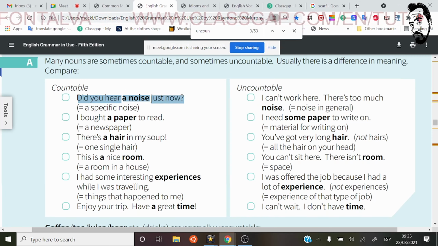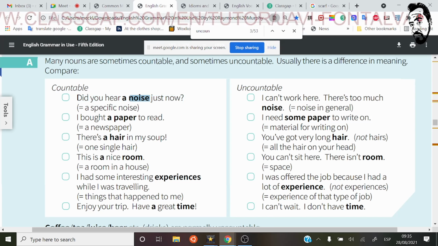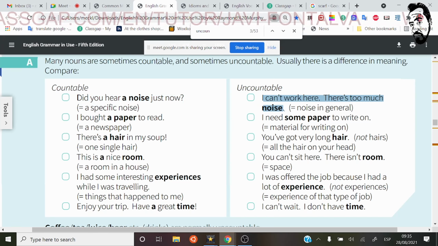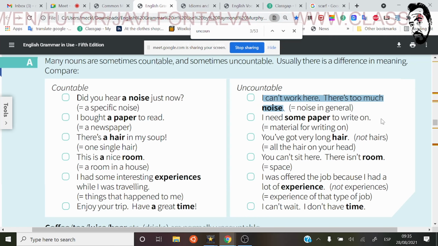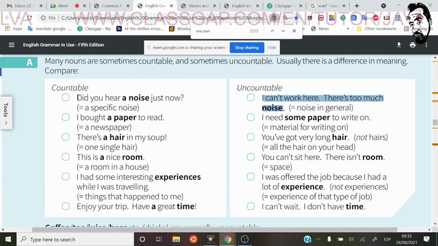Can you read this? Did you hear the noise just now? So did you hear a noise? So this is countable. Can you read this one? I can't work here. There's too much noise. So notice, when I mean a specific noise, it's countable. When I talk about noise in general, it's uncountable.